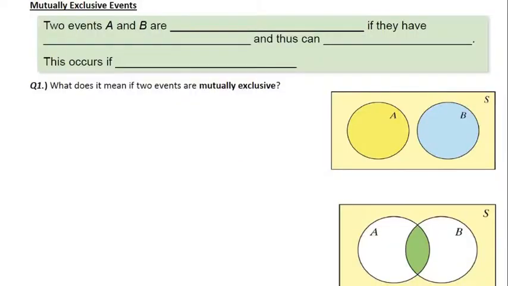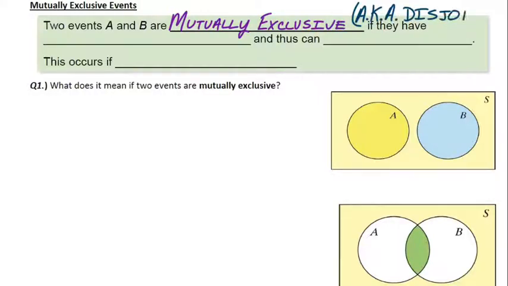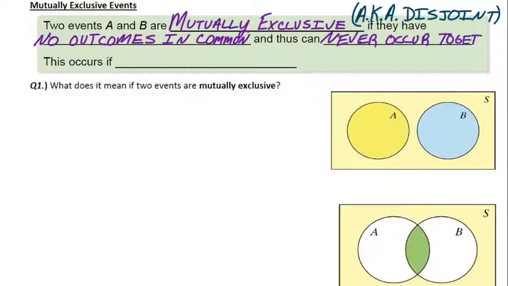Okay, so let's talk about mutually exclusive events a little bit more. So we say 2 events A and B are mutually exclusive, or a synonym for that we use a lot is disjoint. So I said AKA disjoint. If they have no outcomes in common, and thus they can never occur together. So I always think about timing in this case.